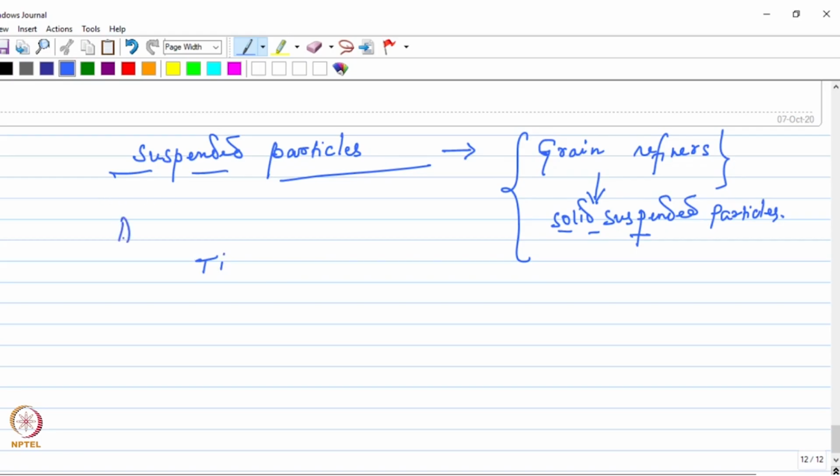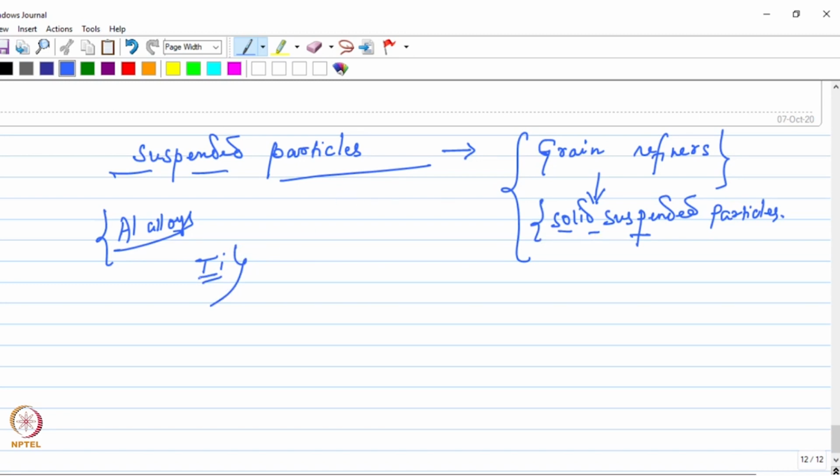Let's say we are talking about aluminium alloys, which is the material in question for this particular course. We can add a material like titanium for generating these solid suspended particles.